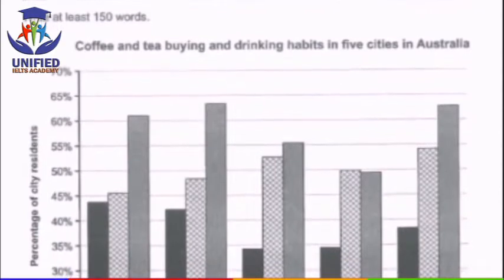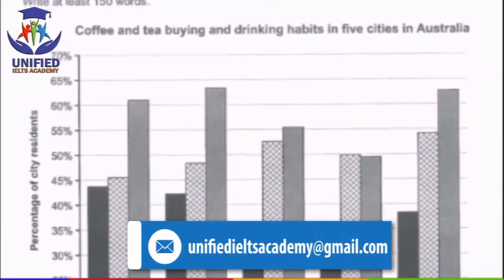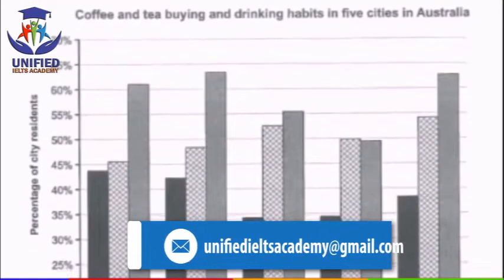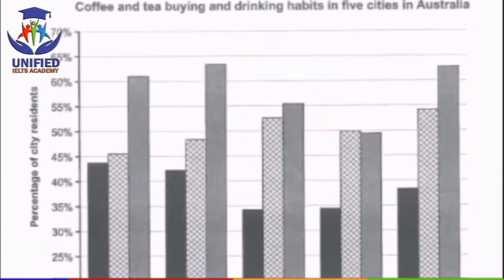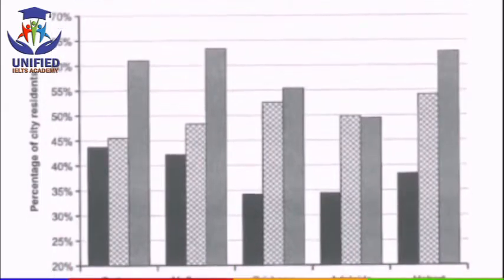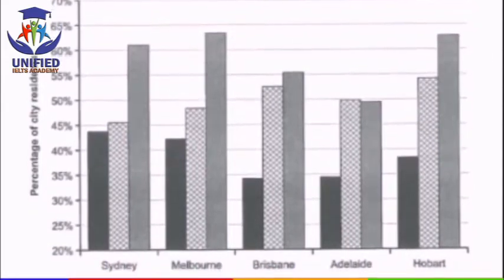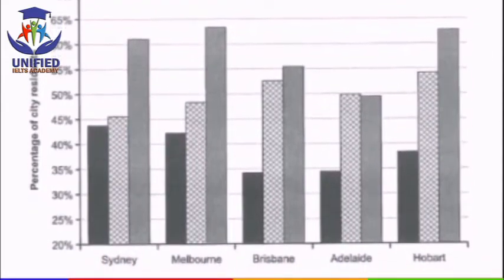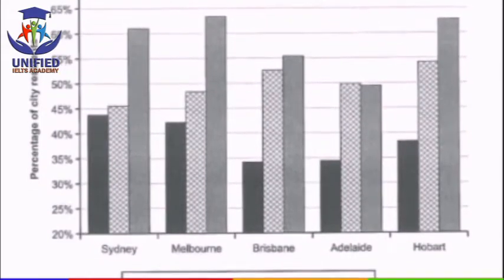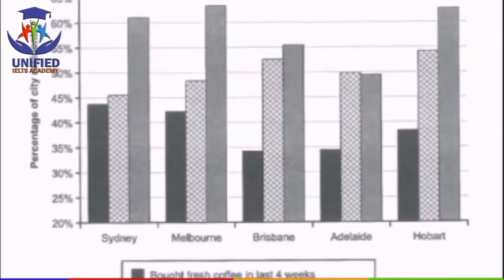So in your second paragraph, what I call overview, you can decide to say, in summary, about so and so percentage, if you like. Look at Melbourne, that's having the highest percentage of consumers. You can decide to say that about 63% of people in Melbourne patronized cafe for coffee or tea in the last 4 weeks.